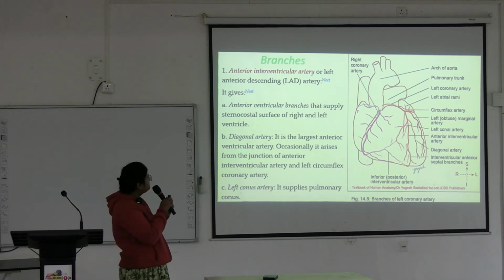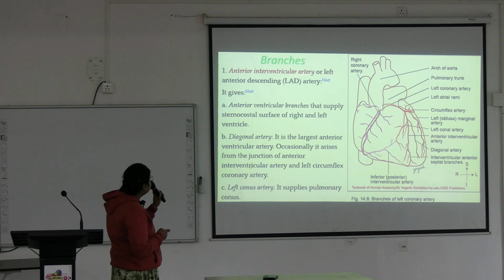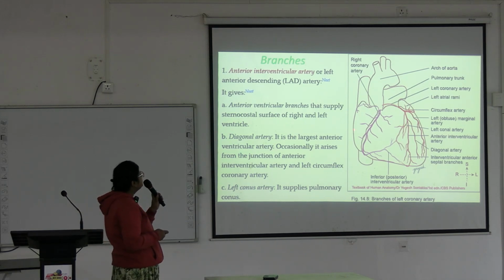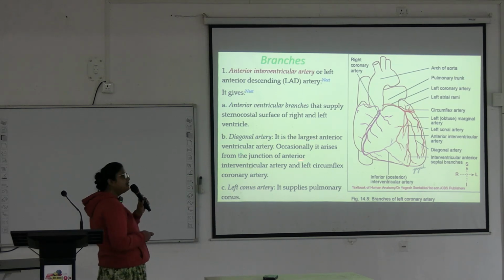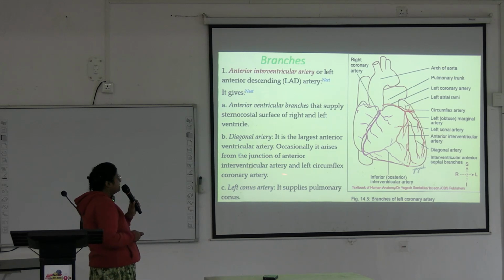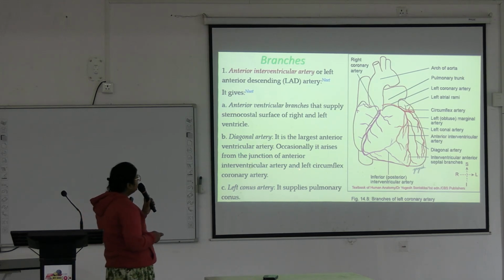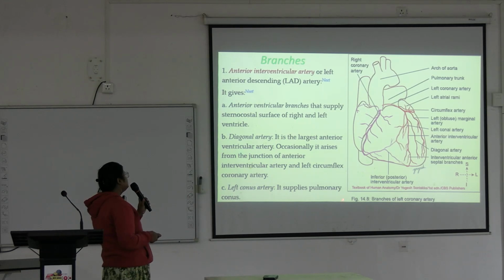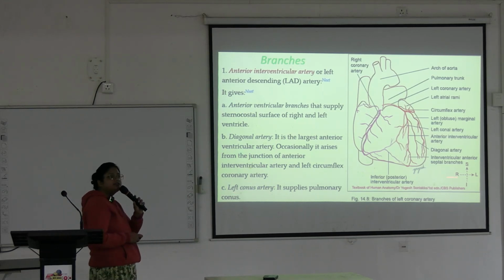It gives these branches: anterior ventricular branches that supply the sternocostal surface of the right and left ventricles. The diagonal artery is the largest anterior ventricular artery; occasionally it arises from the junction of the anterior interventricular artery and the left circumflex coronary artery. The left conus artery supplies the pulmonary conus.